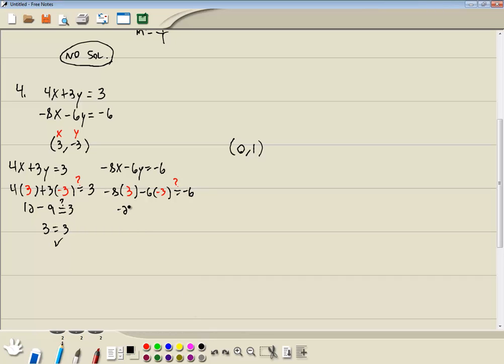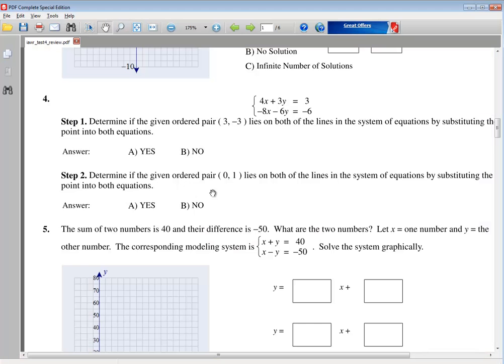So I got negative 24 plus 18 is equal to negative 6. Negative 24 plus 18 is negative 6, so negative 6 equals negative 6. So that checks. The answer to our first part here is yes. That does fall on both those lines, and that's the solution.